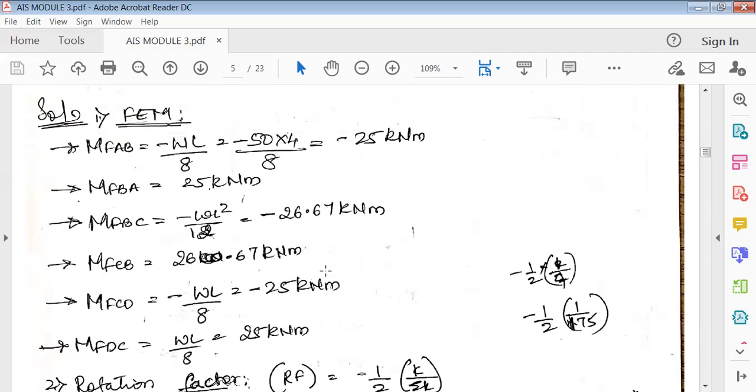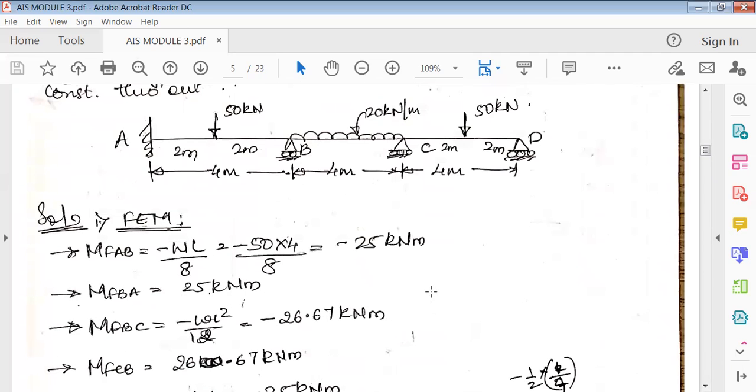Now you have to calculate the rotation contribution. Again, if you see this figure, D is a simple support. We know that wherever there is a simple support, we have to balance those moments. The same case applies in moment distribution also.